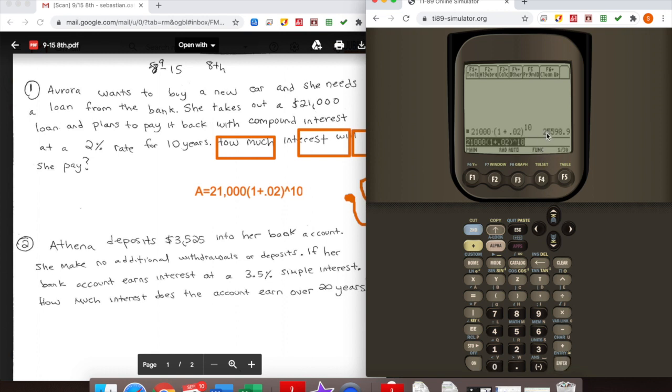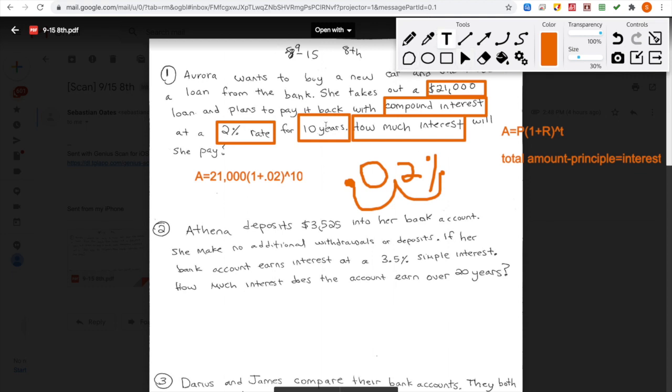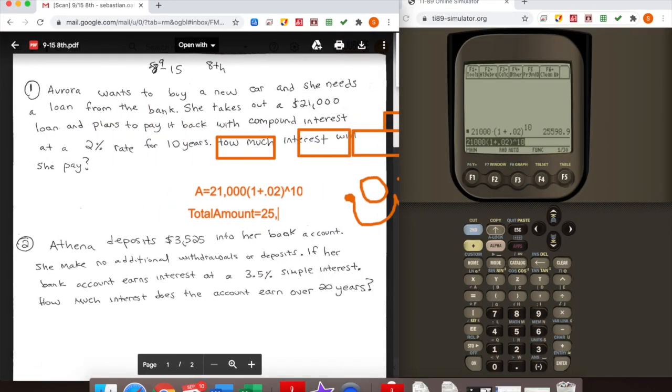So we get $25,598.90. So the total amount is going to equal $25,598.90.